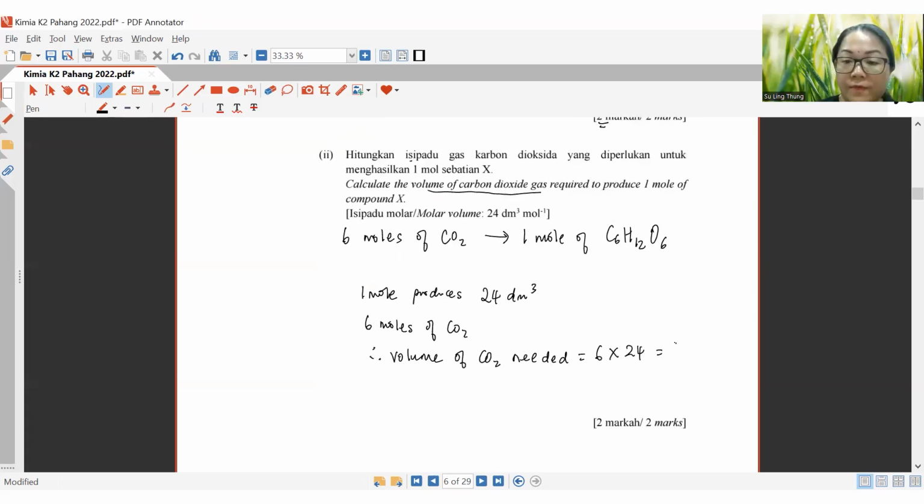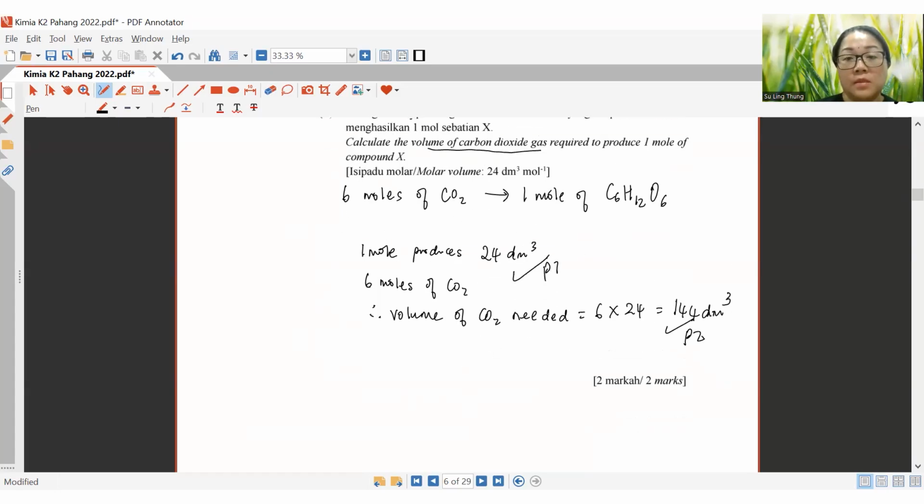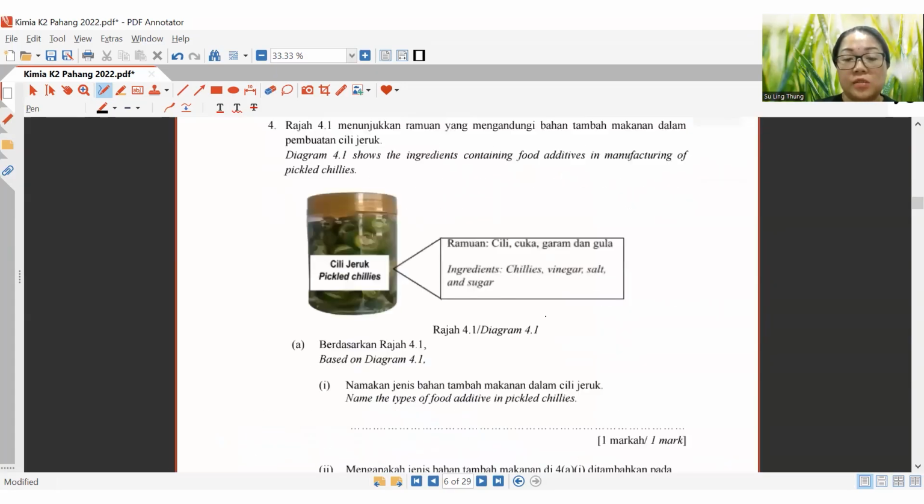So where does the mark come from? This one will be your 0.2. The 0.1 will be this statement, where you are able to mention how 1 mole produces from 6 moles of CO2. Okay, so that's for question 3.